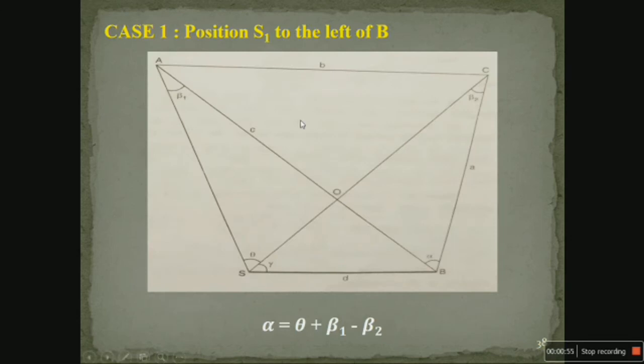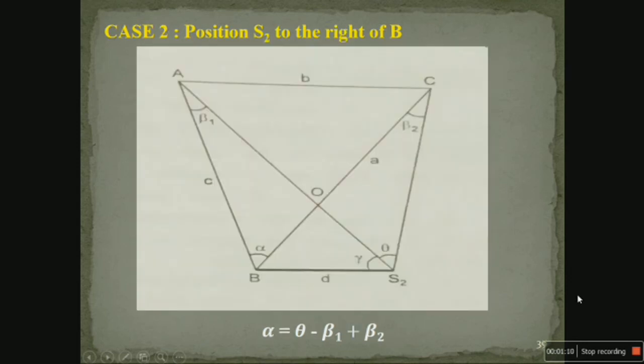Observe here, this is case 1. As you know, we discussed this in the previous derivation. The main station is here, and the satellite station is on its left side. In that condition, the alpha value will be theta plus beta 1 minus beta 2. For the second case, the second satellite station S2 is on the right of the B station. Here the main station, the triangulation station, is here, and the satellite station is considered on the right side of this main station.